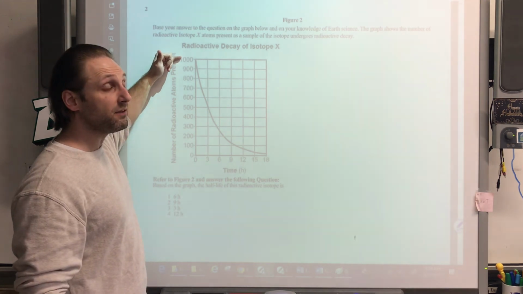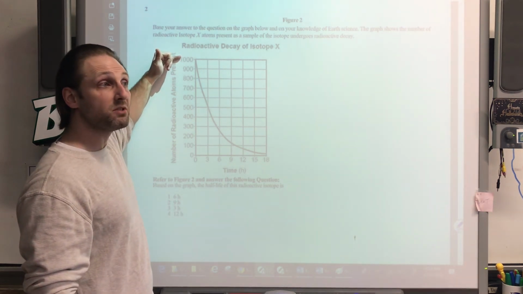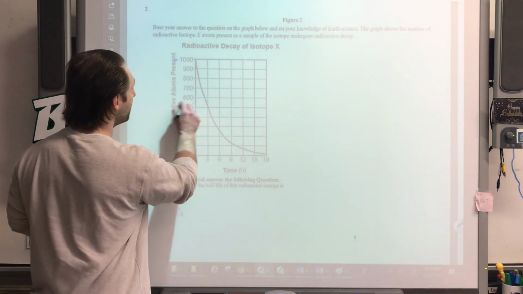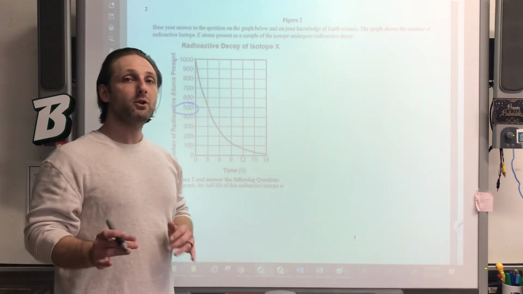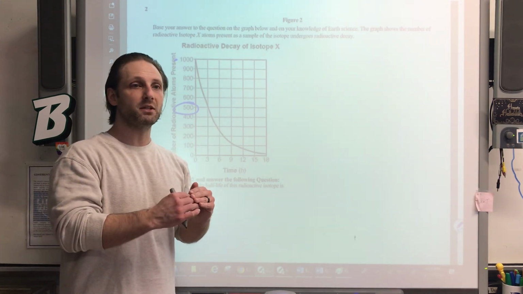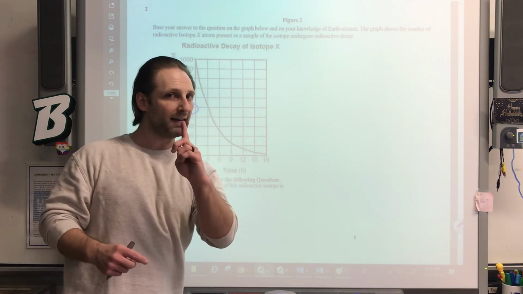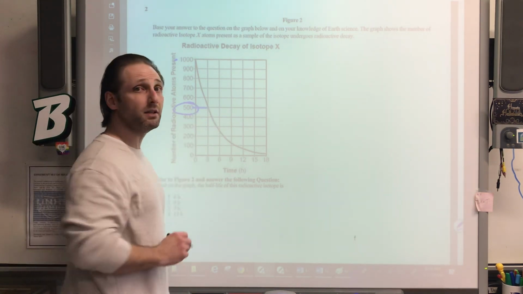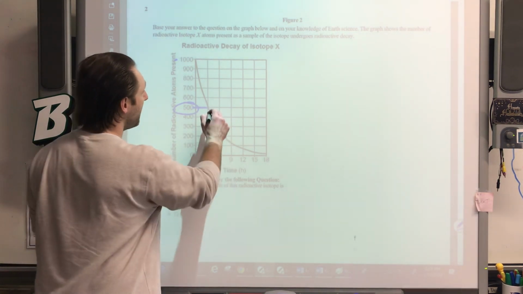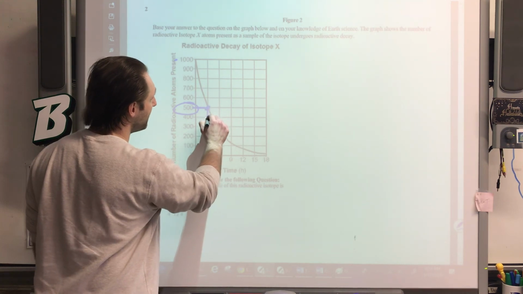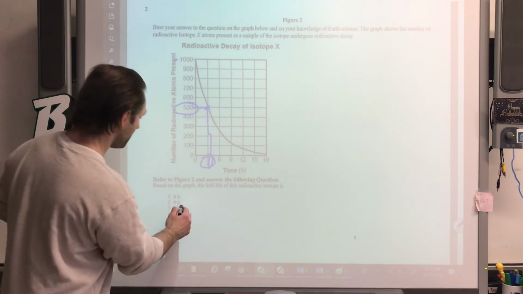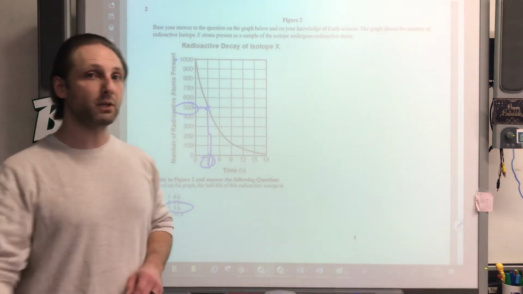So if half of the 1,000 atoms disappears from being radioactive, we're going to be down here at 500. So 500 is going to be what we want to see as the amount left after one half-life. Now, it's as easy peasy as going out to your graph and finding where it hits the data line. Come on down here, and you find out that 3 hours is the half-life for this radioactive material.